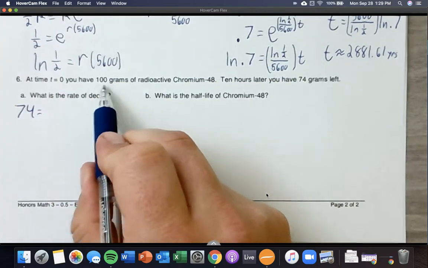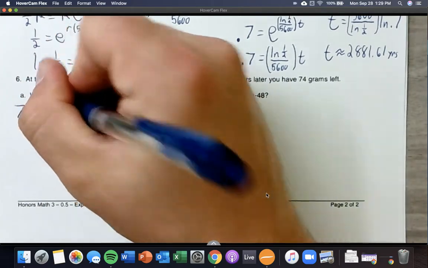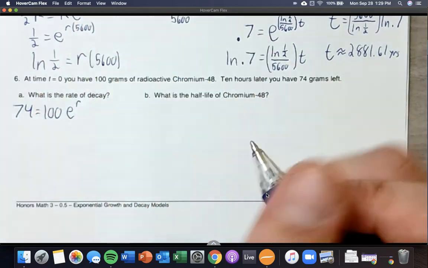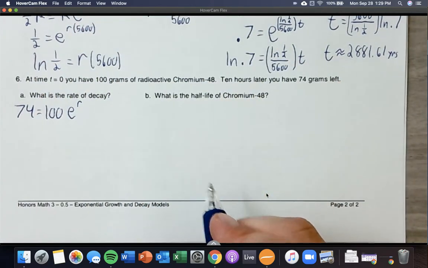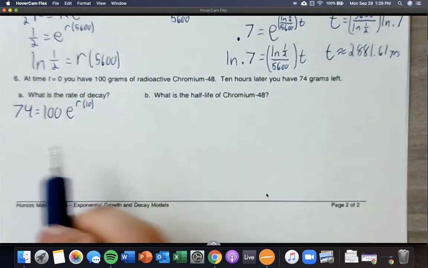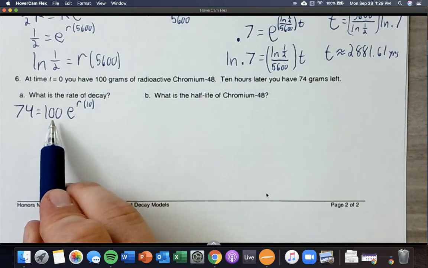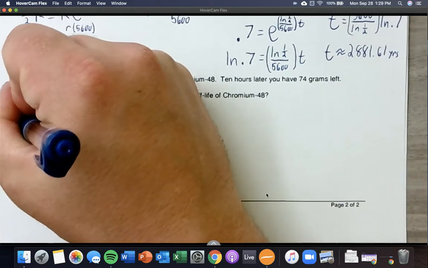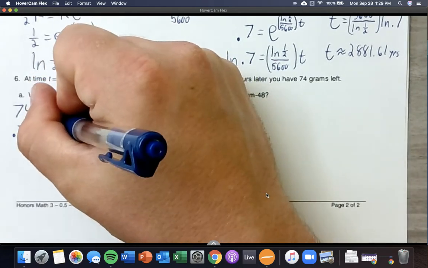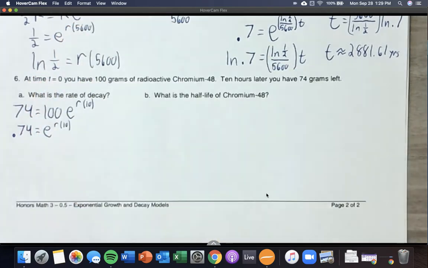That's equal to the original 100 times e raised to the r, which we're solving for, and the time is 10 hours. We do 74 divided by this 100, and we get 0.74 is equal to e to the r times 10.